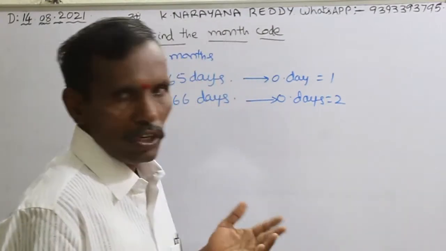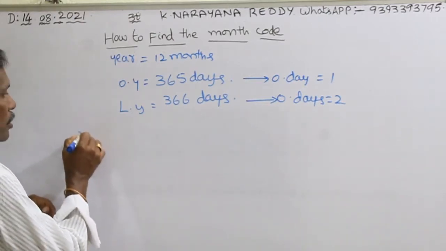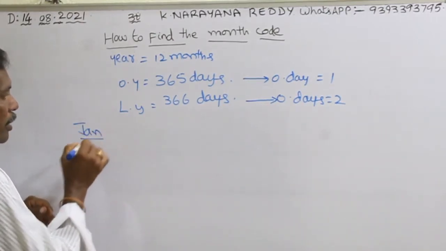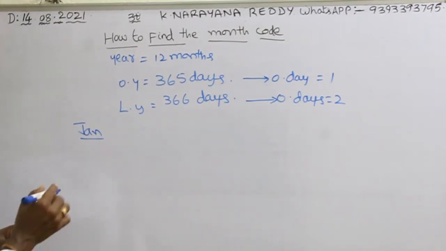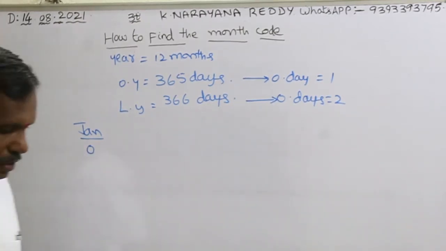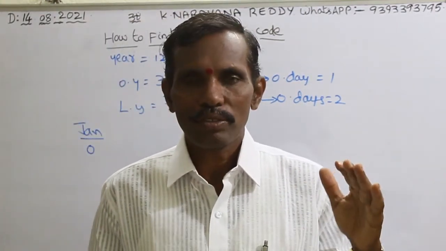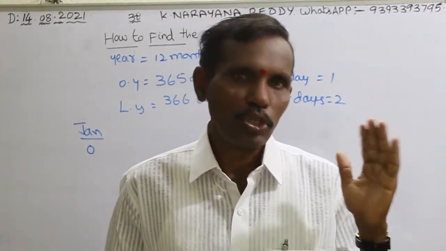Now, the starting month of the year is January. January can be coded as 0. Why? Because it is the starting month. So, it can be coded as 0.